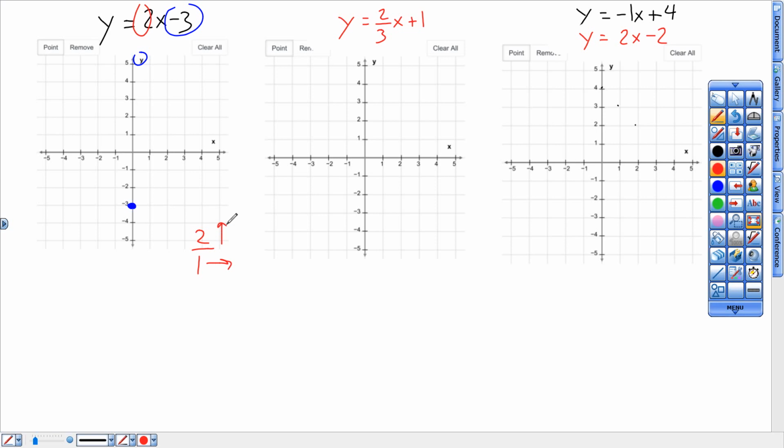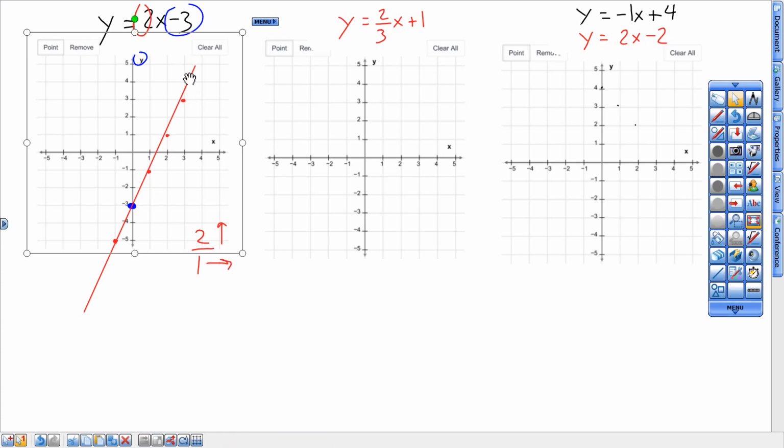So from -3, right 1, up 2, right 1, up 2, right 1, up 2, or I could go down 2, left 1 on the same line. The good thing about this line that you draw, every single point on that line is a solution to that equation, which I'm going to try to show you here.